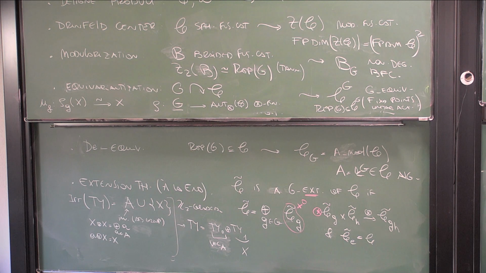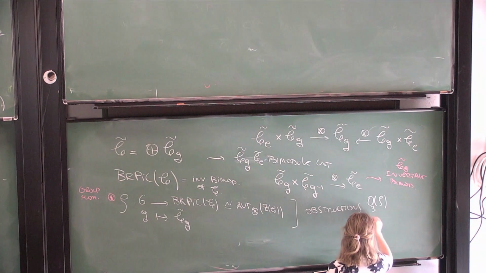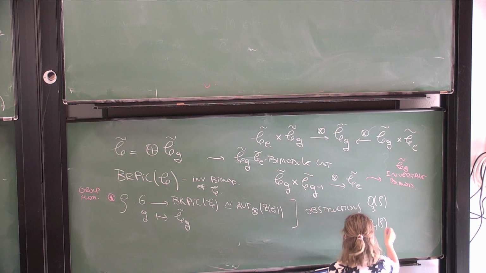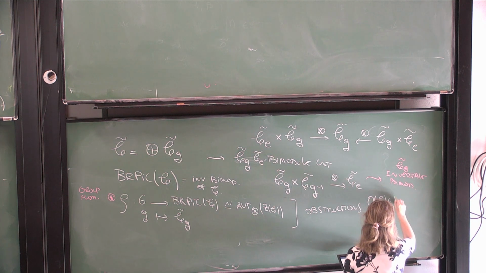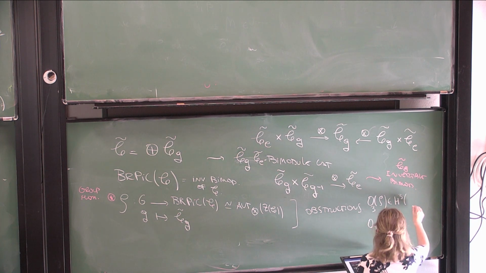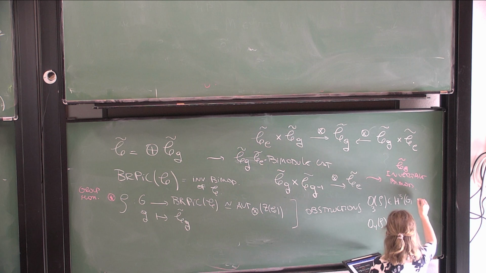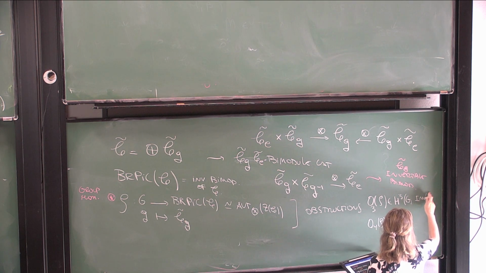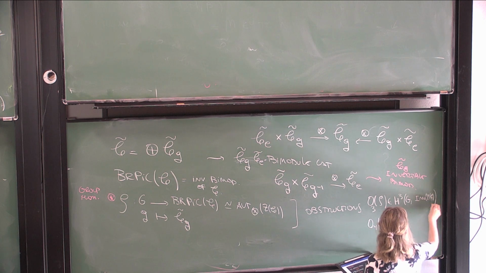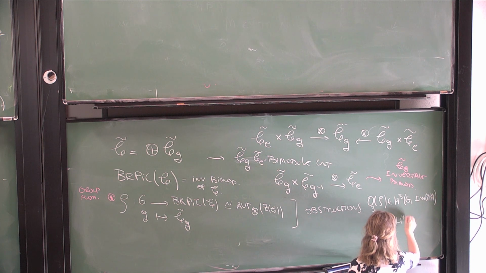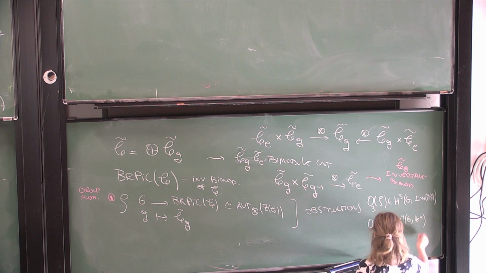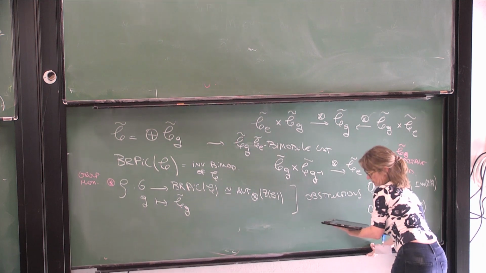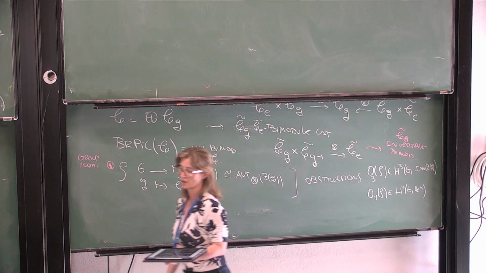These are obstructions that we call O3 and O4, and they live in H^3 and H^4 of G with coefficients in the invertibles of C, maybe the center of C because I'm in the fusion case, or the complex there if you want.